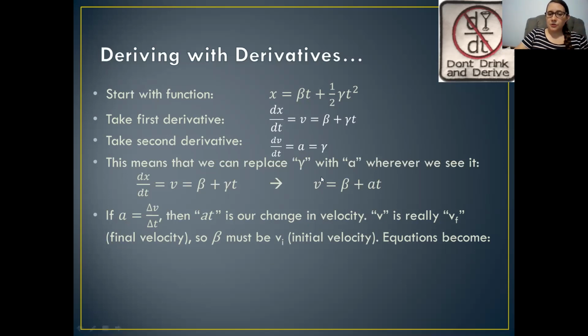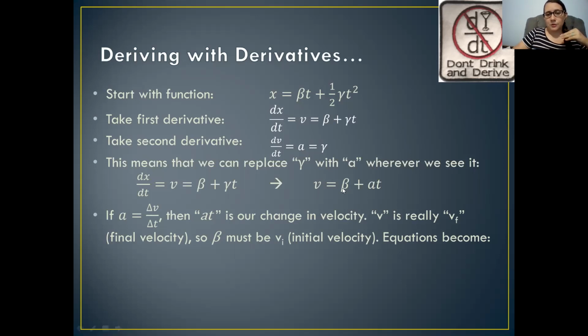So if we think about this equation here, v really stands for final velocity, which means this beta is our initial velocity, right? In order to have a change in something, we need both a final and an initial value. So the delta v, the change in velocity, is the final minus initial.